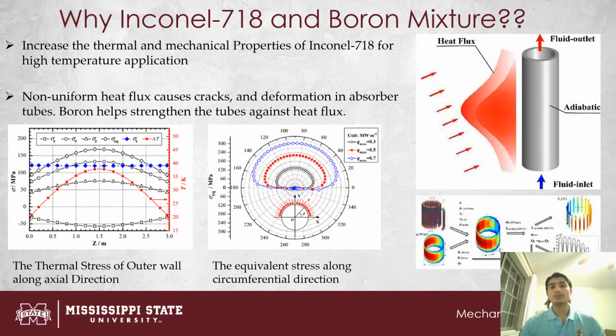The part of the solar absorber tube that faces the heliostats and directly receives the heat from them is hotter than the parts that do not receive heat, and because of this non-uniform heat flux, the solar absorber tubes go through constant expansion and contraction, which will lead to fatigue, cracks and deformations. But when you mix boron into Inconel 718, it will increase the mechanical strength of the solar absorber tube, and we can obtain higher efficiency and better aging.